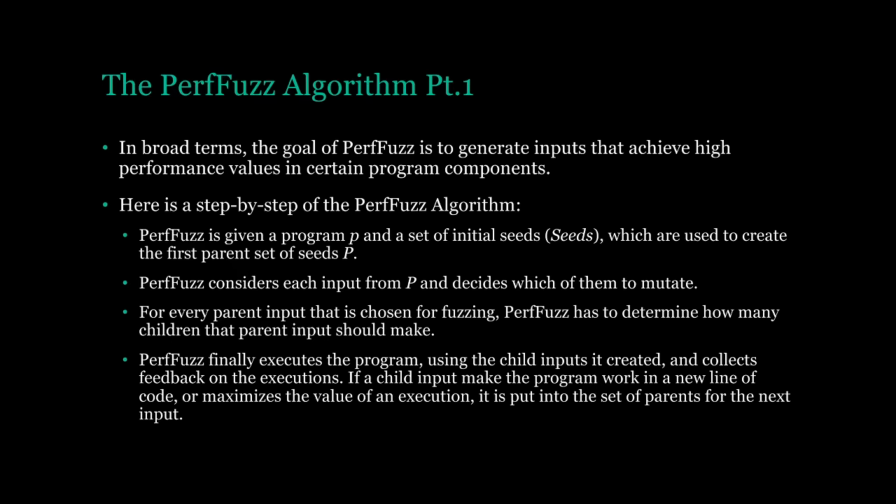Otherwise, it's a low possibility that the input will be mutated. For every parent input that is chosen for fuzzing, PerfFuzz has to determine how many children that parent input should make. Children are created through the mutation, as mentioned before, but the number of children to be created is implementation specific.